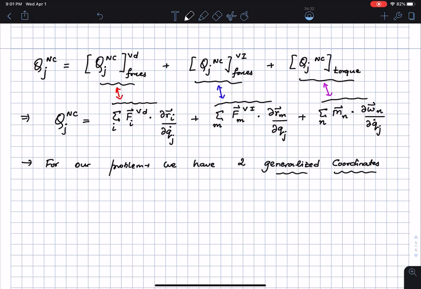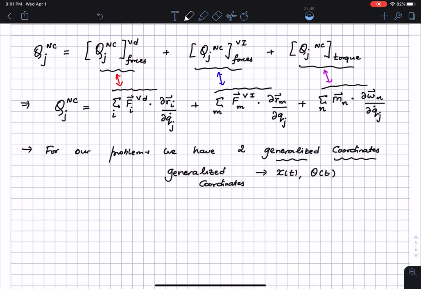So this is x of t and theta of t. These are our generalized coordinates. And how many velocity dependent forces do we have? We have two of them, right? And then we have two velocity independent forces, and then we have one applied torque.